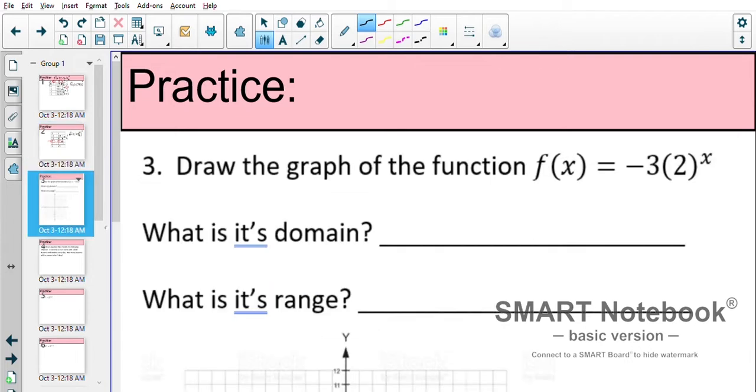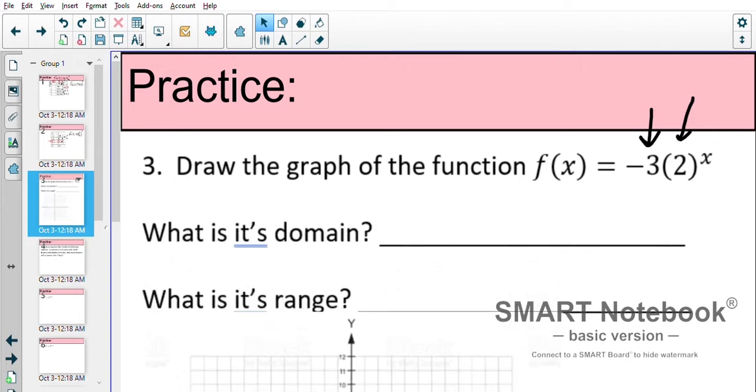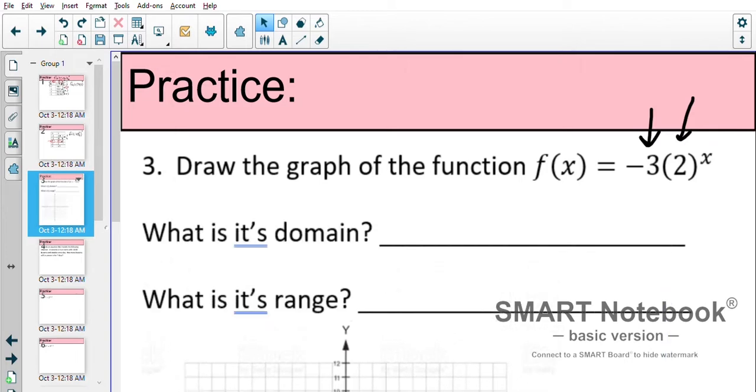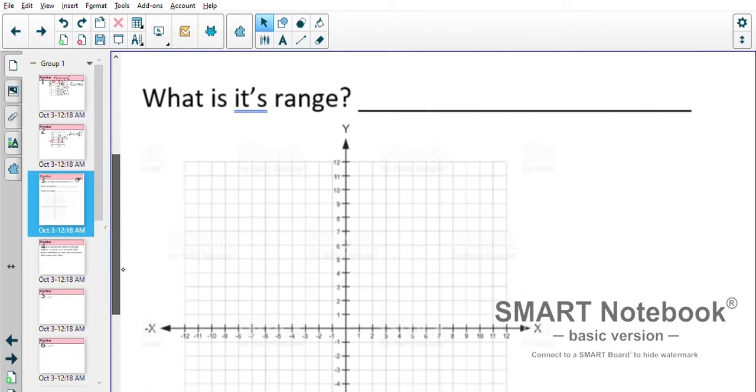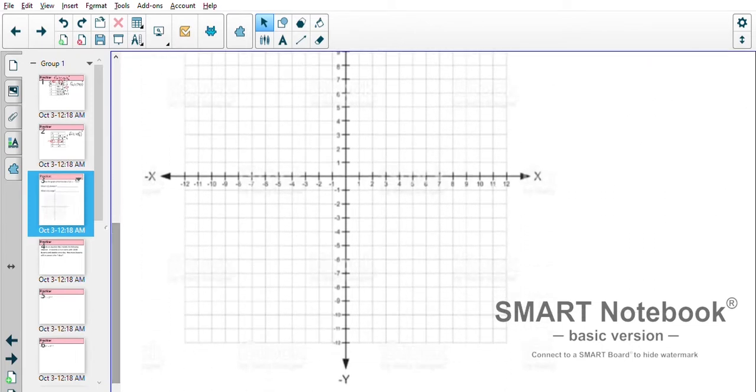For this third one, we're supposed to draw the graph of this function, -3 times 2 to the x. So using our knowledge from the previous one, we know that this is our y-intercept, and we have our multiple of 2. So I'm going to go ahead and graph my y-intercept at -3, and we're going to multiply by 2. So let me scroll down here real quick. So my y-intercept is at -3.